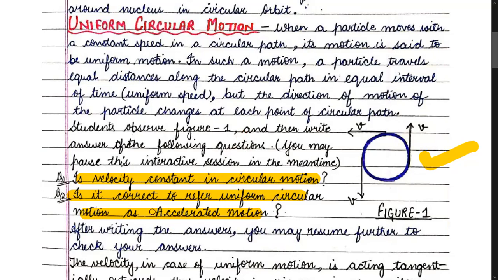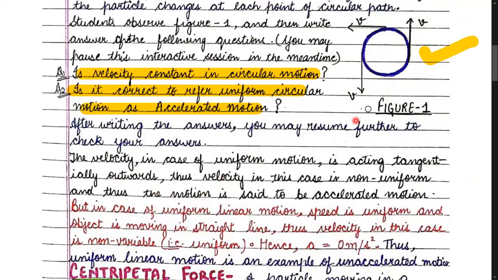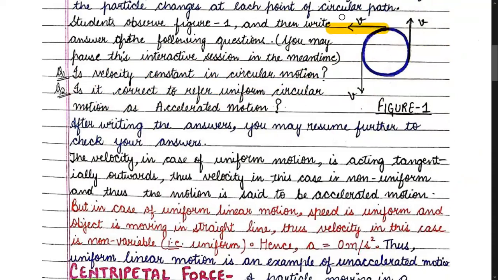The velocity in uniform circular motion is acting tangentially outward. See figure 1. Thus, velocity in this case is non-uniform because the direction of velocity is continuously changing.